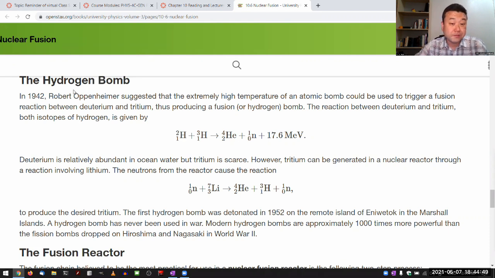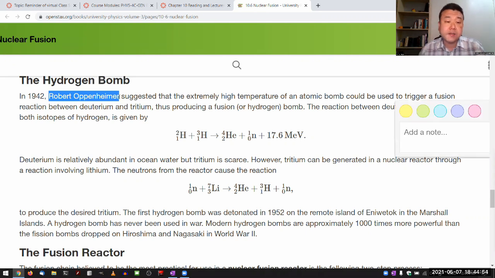So for those of you more interested in reading about it, I will point you to one scientist. Robert Oppenheimer was the project lead of the Manhattan Project that produced the fission bomb. And with a lot of physicists who worked on the atomic bomb, he really regretted working on that weapon of mass destruction.